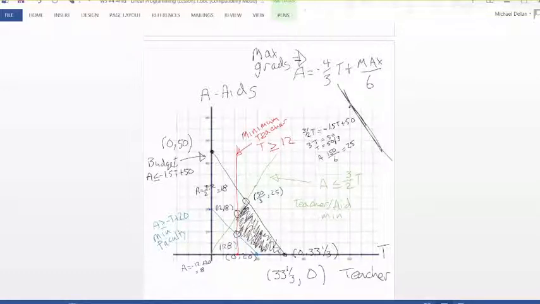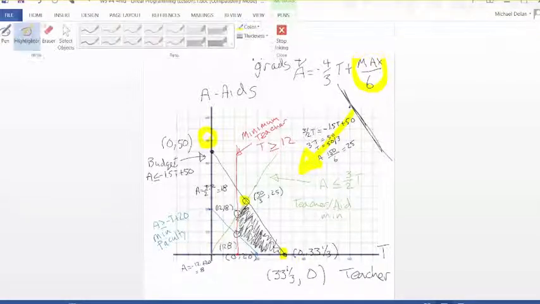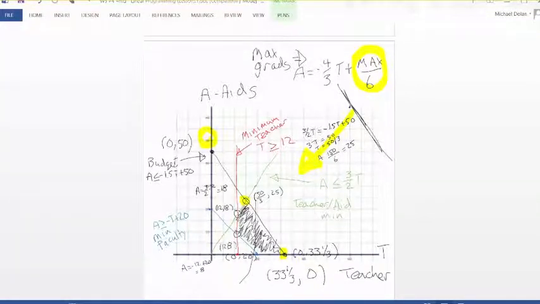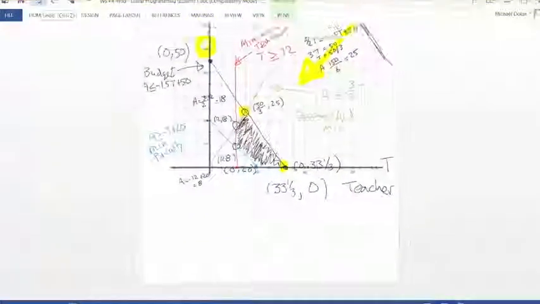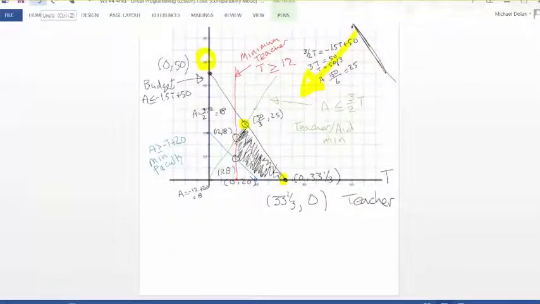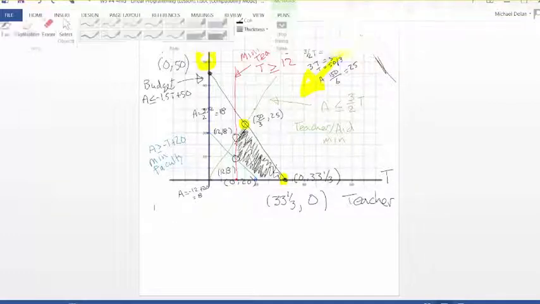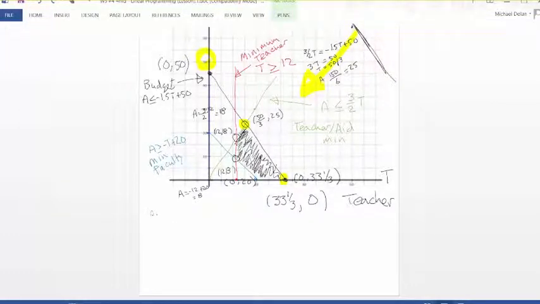I've drawn here the slope of the line, and as it moves towards the y-intercept, when it hits the first coordinate, either that 50 over 3 and 25 on top, or the 0, 33 and a third on the bottom, that will give it the max number and the solution. So really, we only need to check those 2 coordinates to get a solution to this problem.